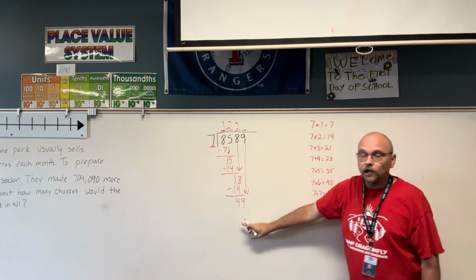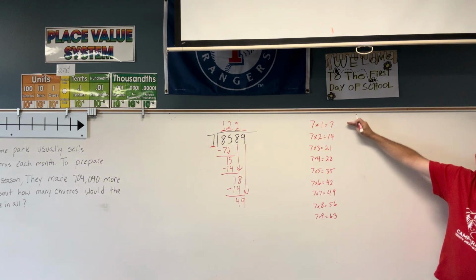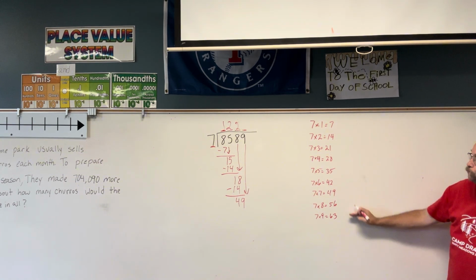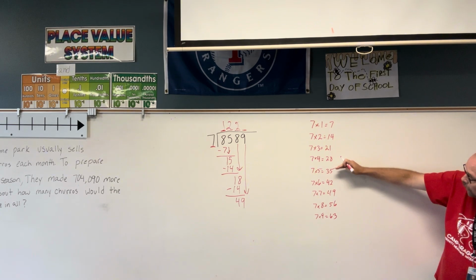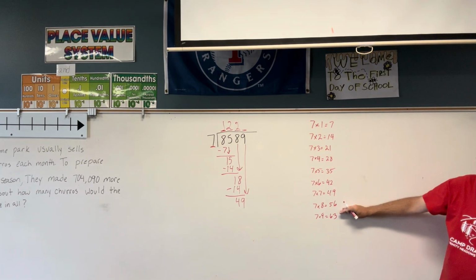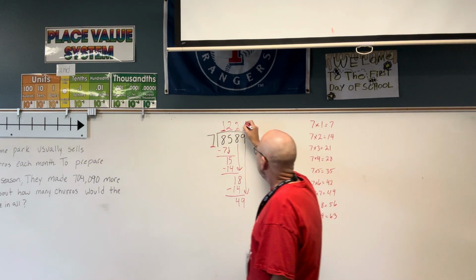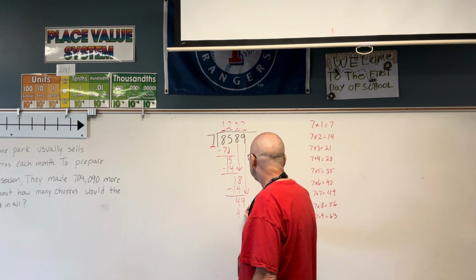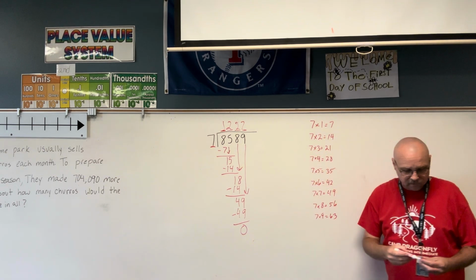I need to get as close to 49 as I can without going over. 7, 14, 21, 28, 35, 42, 49, 56 is too big. So it's got to be 7 times 7. And 7 times 7 is 49. I subtract, I get 0. So I have none left.